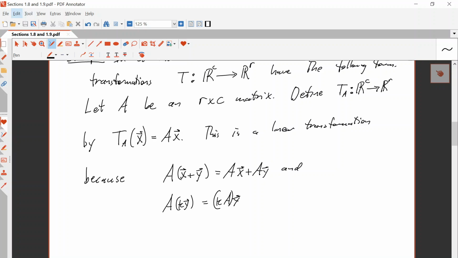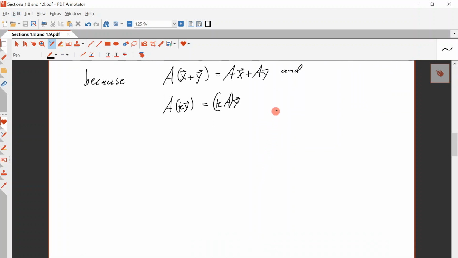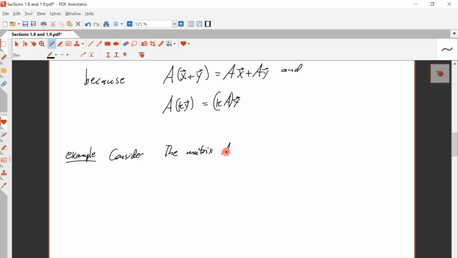For example, consider the matrix A equal to 1, minus 2, 1; 3, minus 4, 5; 0, 1, 1; and minus 3, 5, 4.